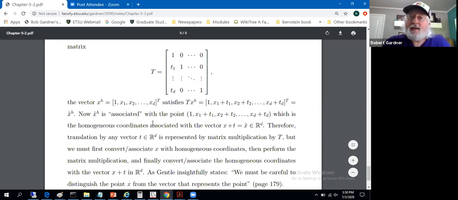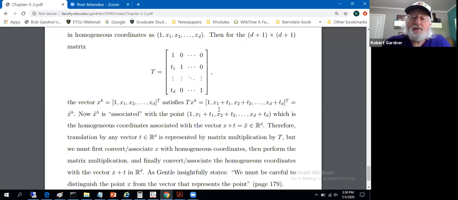It's associated, put in standard position in R^(d+1), the natural association, the geometric interpretation, with this point that has as coordinates the components of the point x super h tilde. So these are the homogeneous coordinates associated with the vector x plus t, or x tilde, in R^d.